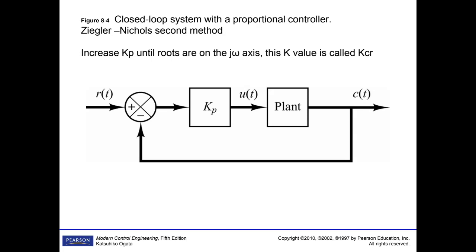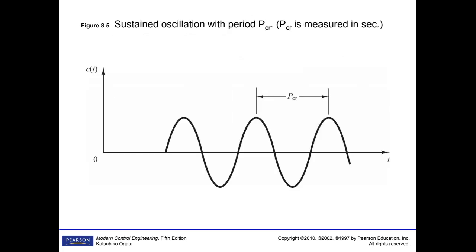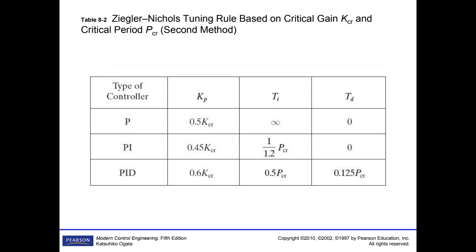Then obtain the K value, called KCR. When you obtain KCR, also measure the period here. If you know the period PCR and KCR, use the second Ziegler-Nichols method. The table is ready: 0.6 KCR, 0.5 PCR, this is TI and TD.